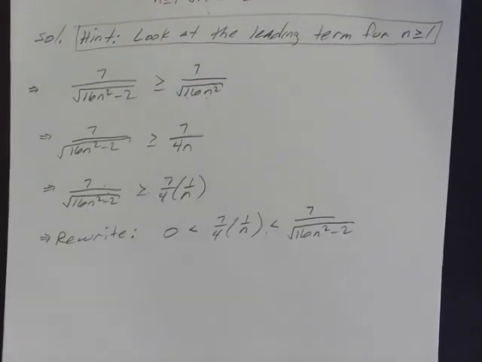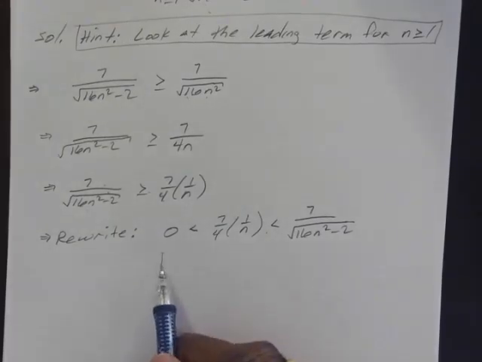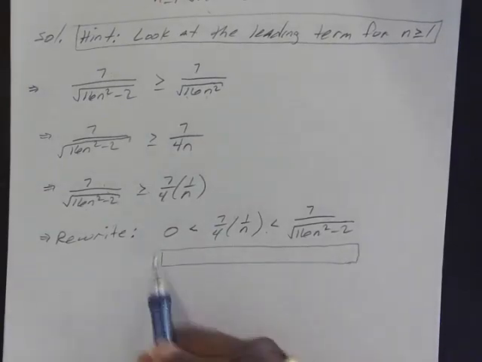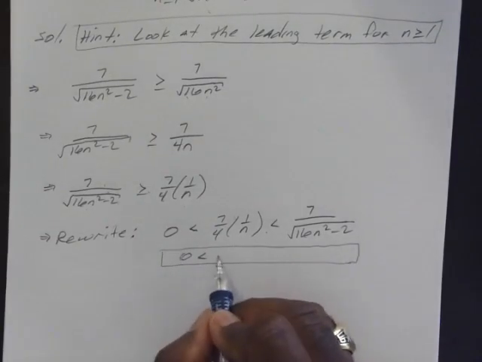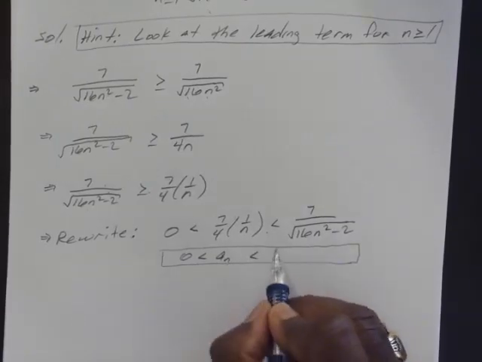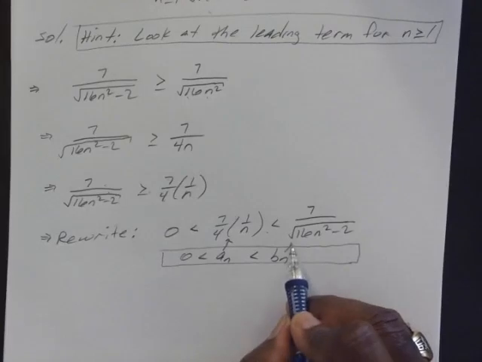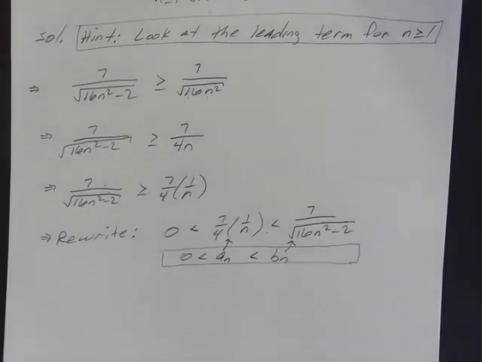Because you want to get it in the direct comparison form: 0 is less than a sub n is less than b sub n. So this is your a sub n, and we're going to let this be your b sub n.